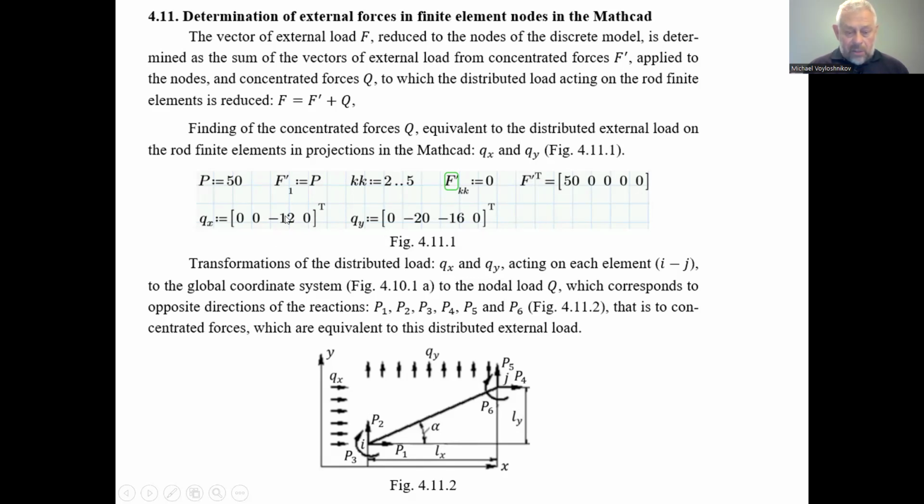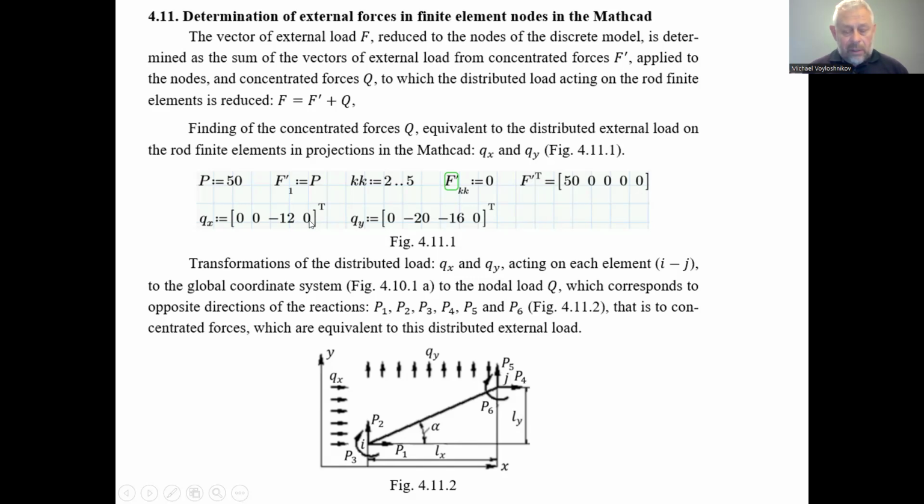So we have -12, the magnitude of the distributed load in the projection on the abscissa axis acting on the third finite element. On the third finite element, the projection of the distributed force on the ordinate axis, the vertical axis, is -16, because we have the distributed load directed downward. The magnitude is equal to 16, but the ordinate axis is directed upward.